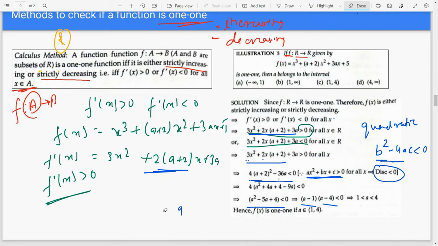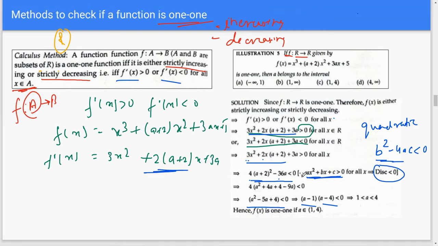This concept is not so hard because it just utilizes the fact that f dash x greater than 0 or f dash x less than 0. If f dash x is greater than 0, then this particular thing is going to be this. So you have to utilize this fact to solve this question.